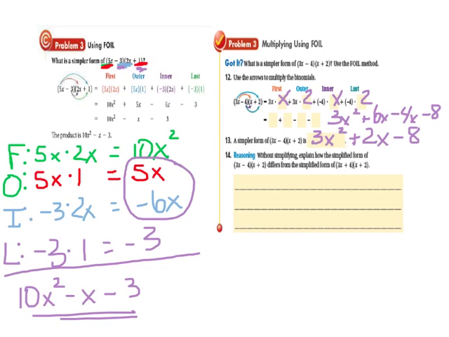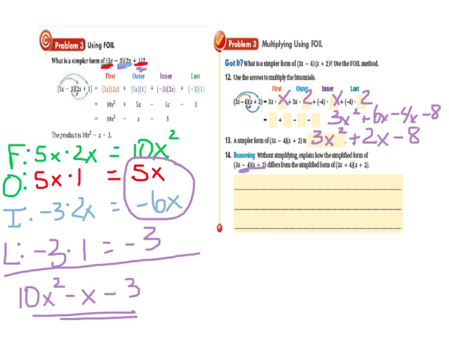Alright, you should have ended up with 3x squared plus 2x minus 8. Yes, that's correct. Okay, and then on the reasoning section it asks, how would these differ? There are several ways you can think about how to answer this, but notice this minus sign here is what's really going to change things.